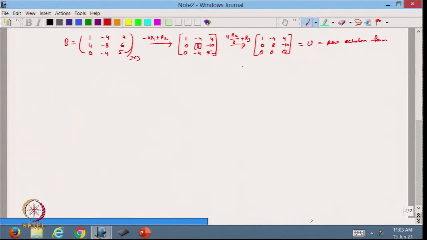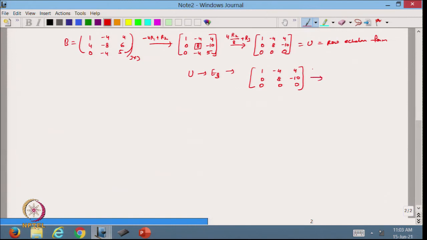Now, from here if I convert this into the reduced form, so let us check that one. So, I want to convert this into EB. So, let us see what is going to happen. Now, 1 minus 4 4, 0 8 minus 10, 0 0 0.